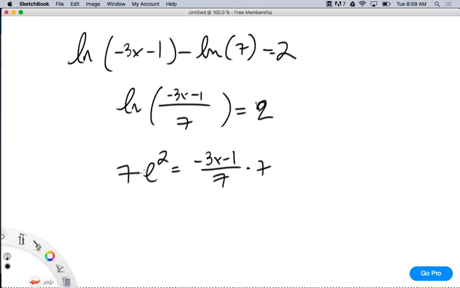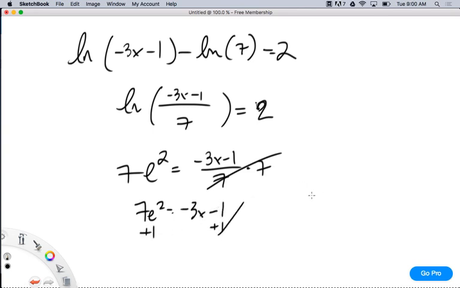Multiply by 7. I get 7e squared equals negative 3x minus 1. Add 1. I get 7e squared plus 1 equals negative 3x. Divide by negative 3. And I'm done.